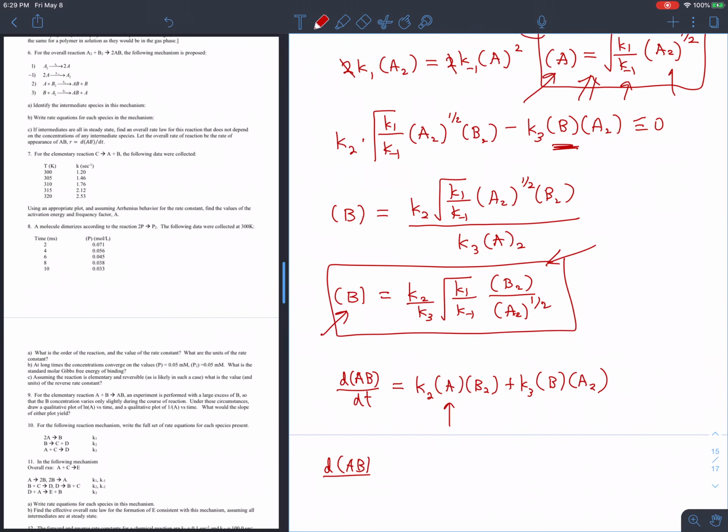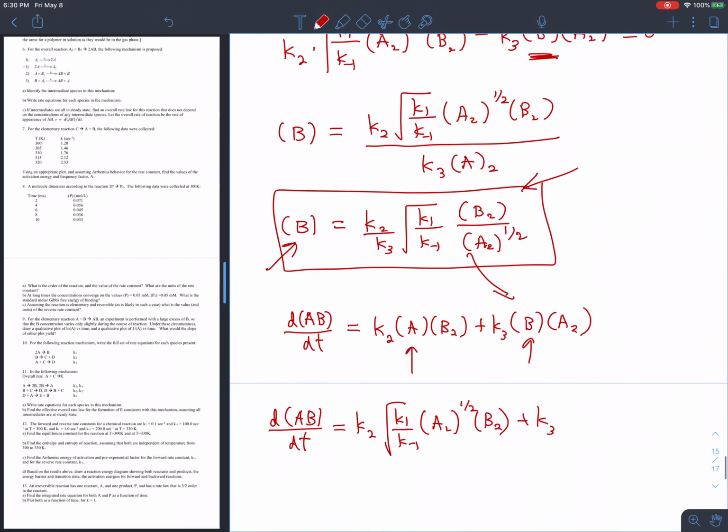dAB/dt is equal to K2 times all of that stuff, K1 over K minus 1 A2 to the 1/2 power B2. Then I'm going to substitute this in for B there, plus K3 times K2 over K3, square root of K1 over K minus 1, B2 over A2 to the 1/2 power times A2, right?